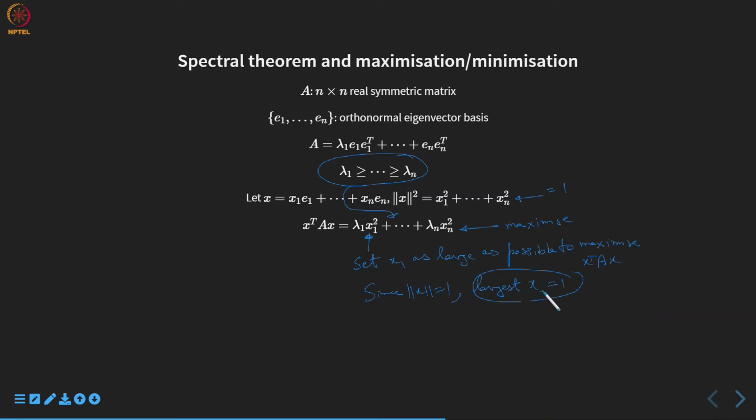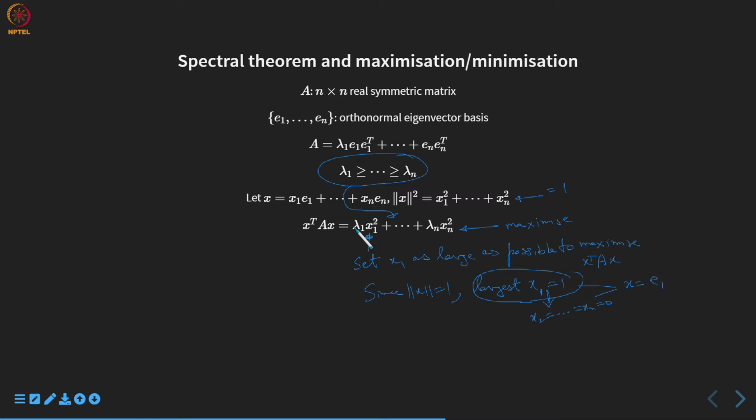Okay, so this corresponds to x1 equals 1, and that implies x2 equals xn equals 0, and that implies x equals e1, isn't it? So if you put x1 as 1, everything else is 0, x becomes e1. So to maximize x transpose Ax under the constraint norm x equals 1, you simply have to pick x equals e1, and the maximum value will be equal to lambda 1.